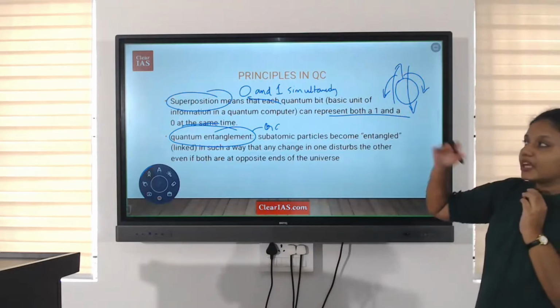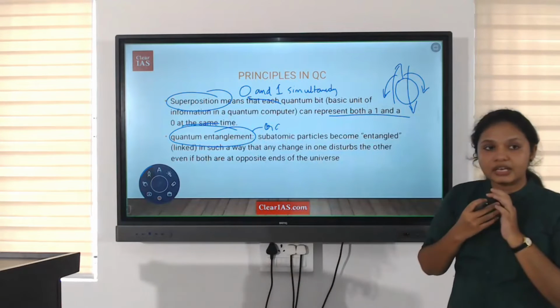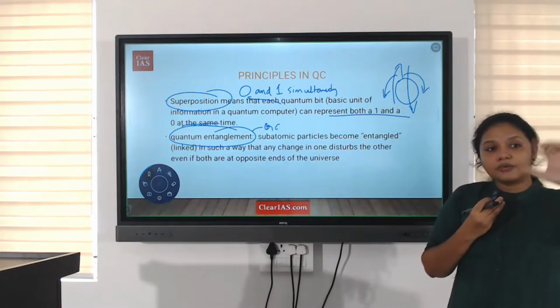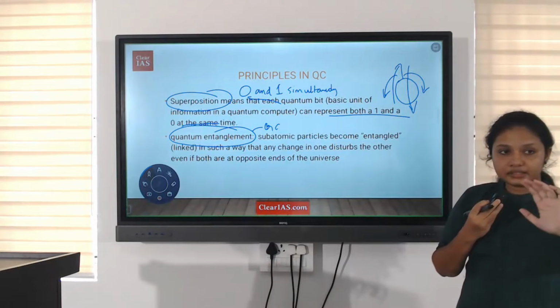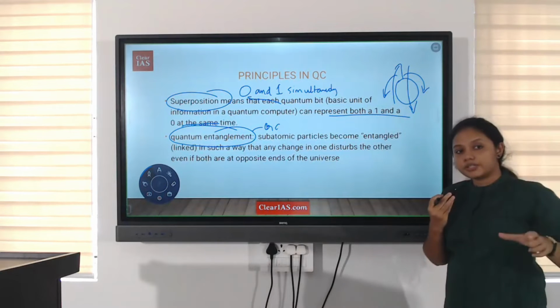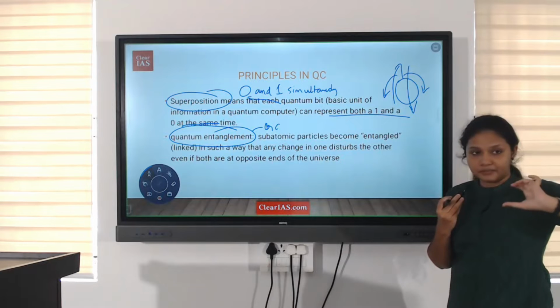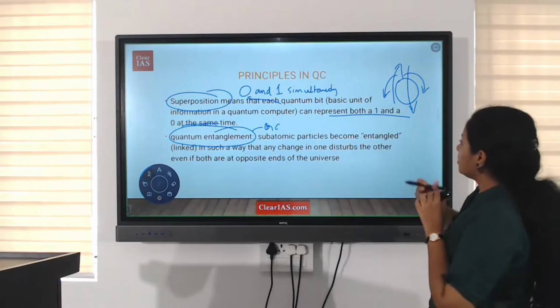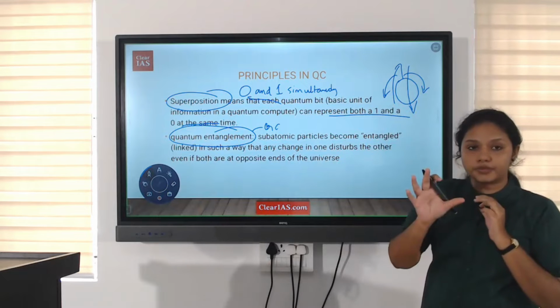According to the principle of superposition, it can have upward and downward spin at the same time. Clear?